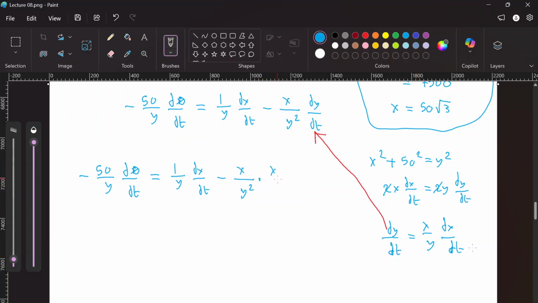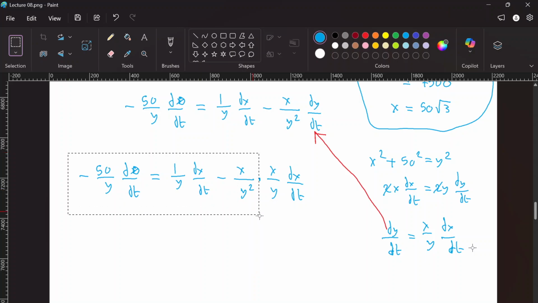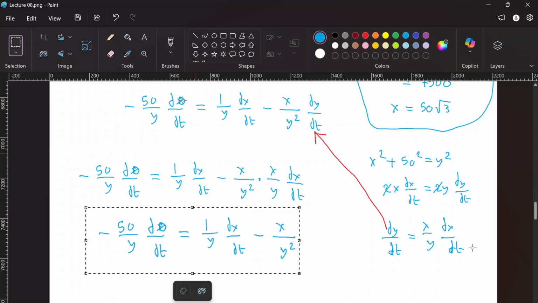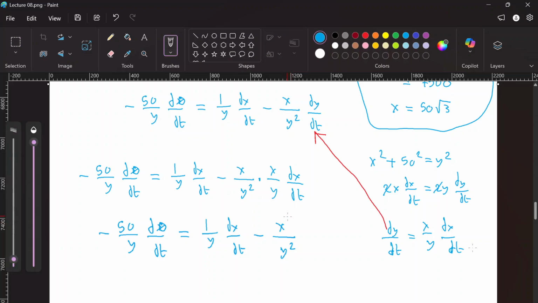So x over y dx over dt. Are you good with this? When you multiply, what will you get? You will get x squared y cubed dx over dt.